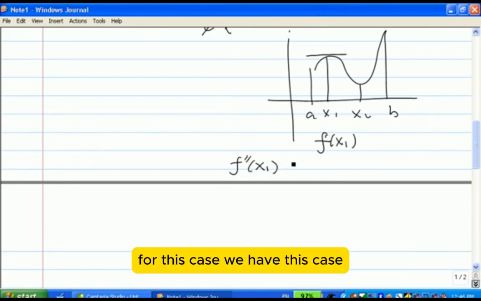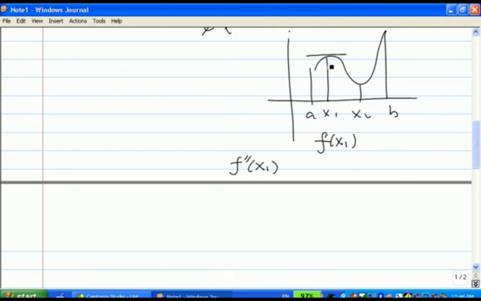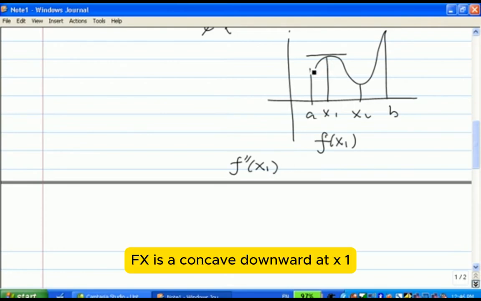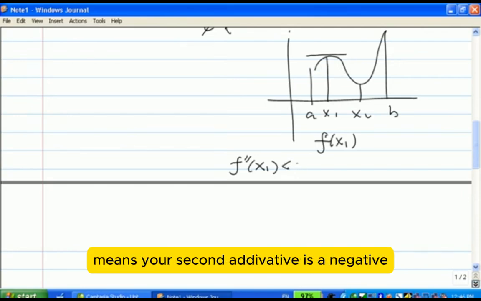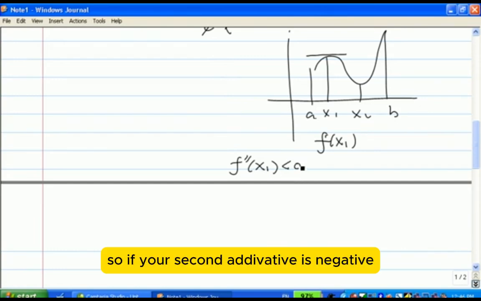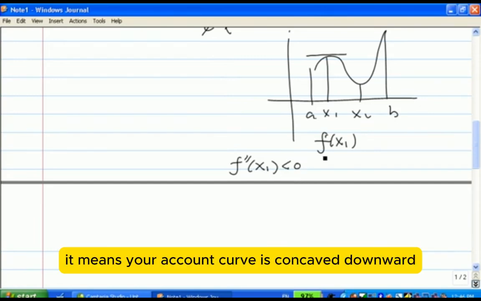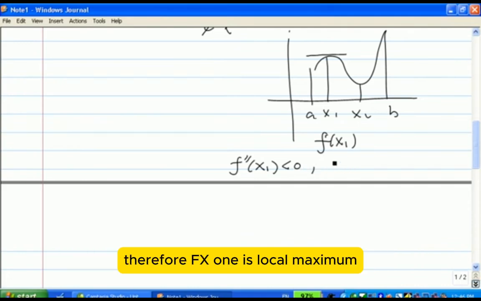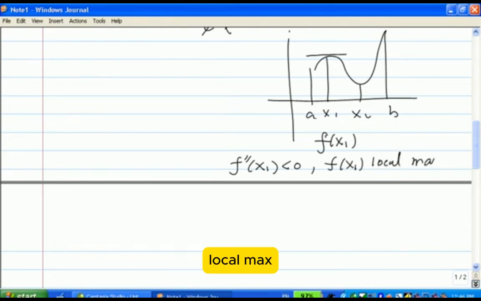For this case, f is concave downward at x1. Concave downward means your second derivative is negative. So if your second derivative is negative, your curve is concave downward. Therefore, f(x1) is a local maximum.